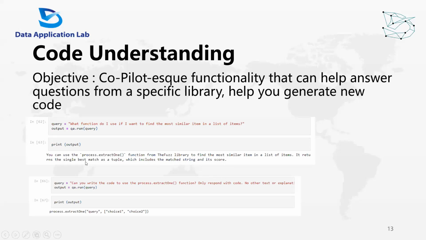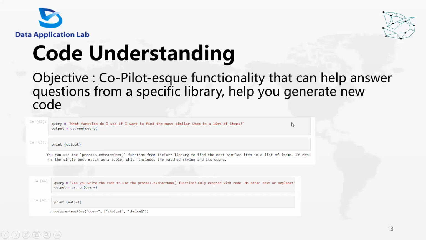So you see how it helps us to get not only the function, but it also tells about the library. So here you see we ask more questions. Can you give us the code, only respond with the code and not other plain text?